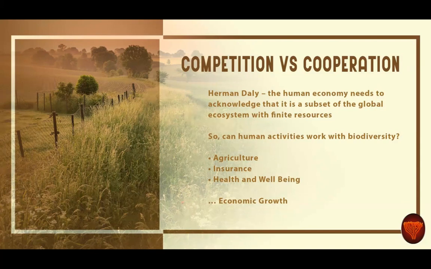And this is based on three key principles by Daly. Firstly, the sustainable use of renewable resources requires that consumption not be greater than the rate at which these resources can regenerate. Secondly, the sustainable use of non-renewable resources requires that the rate of consumption not be greater than the pace at which renewable substitutes can be put in place.